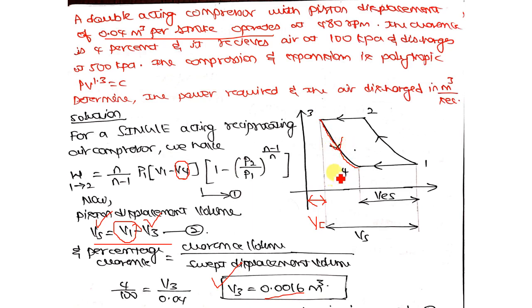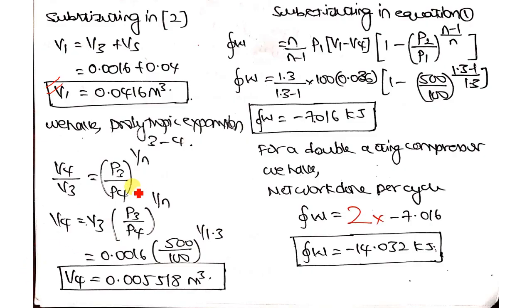From 3 to 4, P3 by P4 equals (V4 by V3) whole to the power of n, which equals (T3 by T4) whole to the power of n divided by (n minus 1). So I require the relationship between volumes and pressures, so I have taken that part of the equation. Here (V4 by V3) whole to the power of n; I have transferred to the other side, so it becomes 1 by n. Okay.